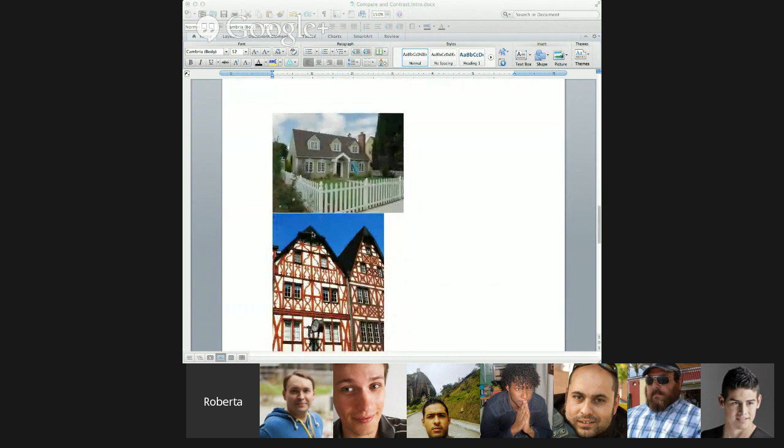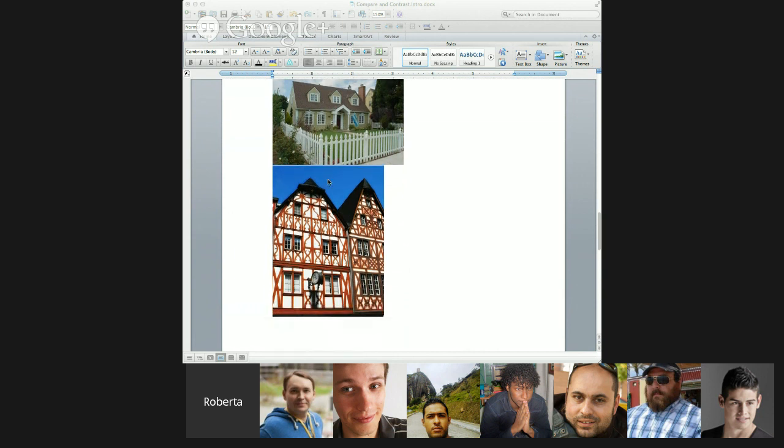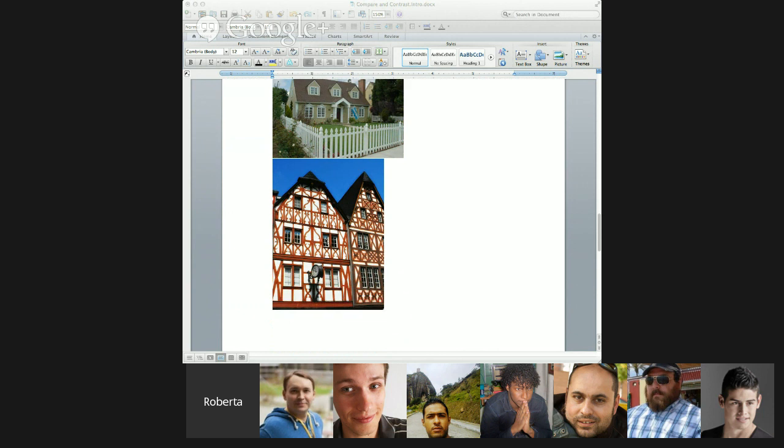So what I did here was this top one, this top house, I Googled typical American house. Even though they have an international flag in their yard, I Googled typical American house. And then I Googled typical German house underneath that.